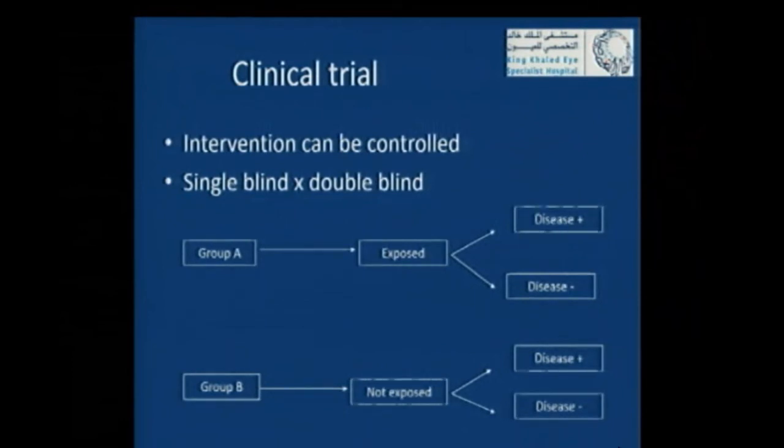Clinical trial is a sophisticated name of cohort study. Here, group A will get exposed and then you wait for the outcome to develop. And group B, you don't give that new exposure or new treatment, give conventional treatment and see what is the outcome in that group also and compare these two.